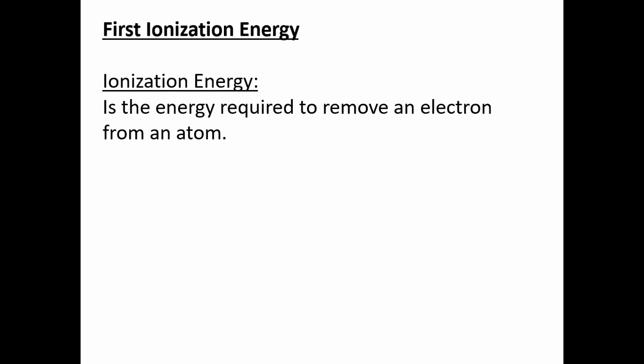The trend we look at is how the first ionization energy compares as we go across or down a row or a column in the periodic table. So let's first define ionization energy. It's the energy that's required to remove an electron from an atom. So our first ionization energy is the energy required to remove the first electron. If we want to remove a second one, that would be the second ionization energy, and so on and so forth.